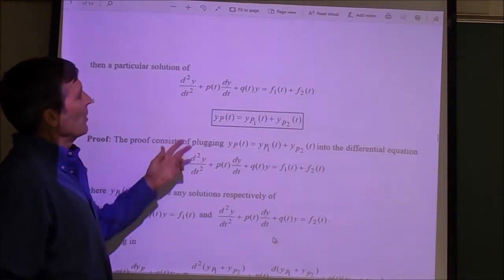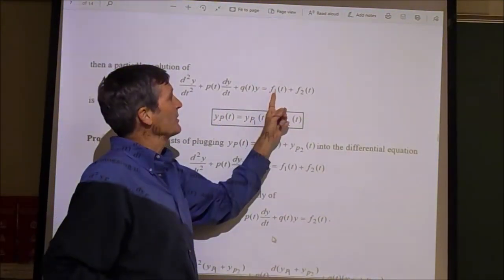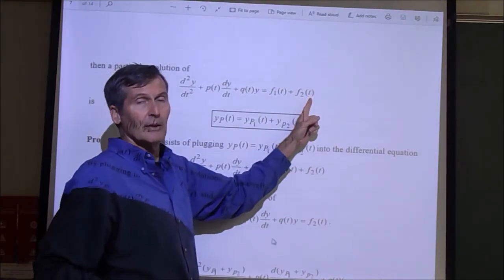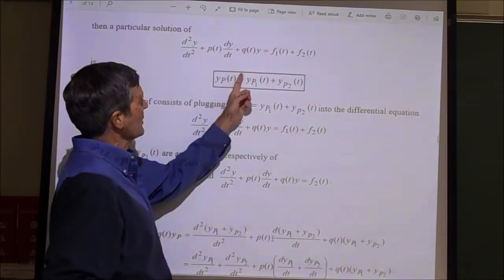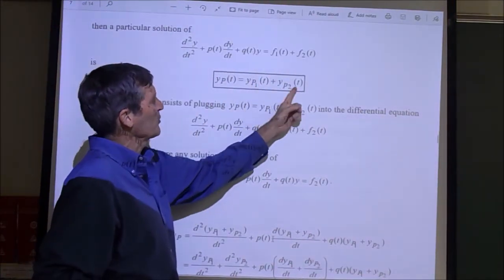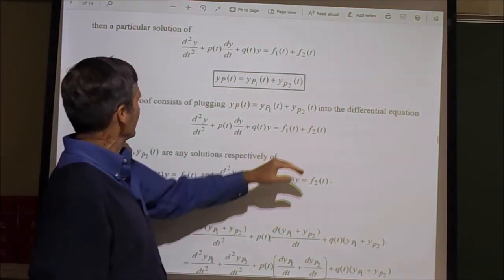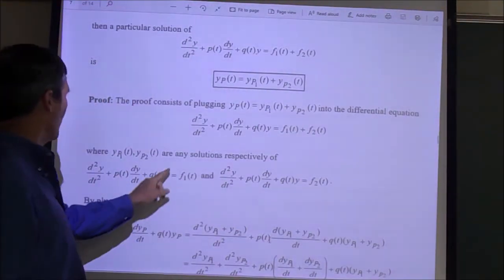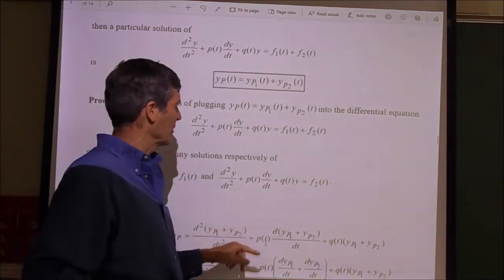Well, suppose I have a function on the right-hand side that's not in the table, but it's a sum of two functions in the table. Here's what you can do to solve those problems. I just look for a particular solution that's the sum of yp1 plus yp2, where yp1 is the solution of the problem with just f1 of t on the right, and yp2 is the solution with just f2 on the right.